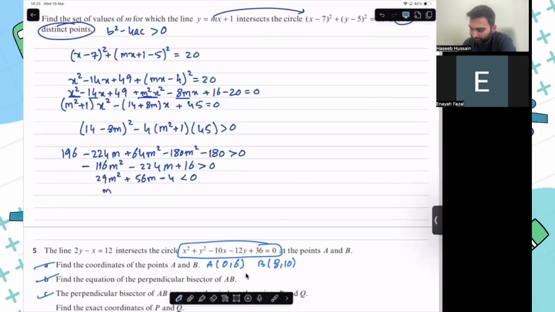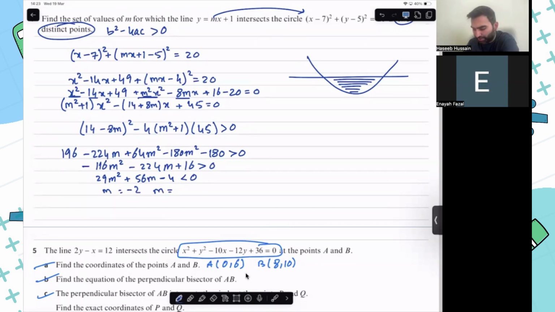What are the values of m? Minus 2 and 0.0689.